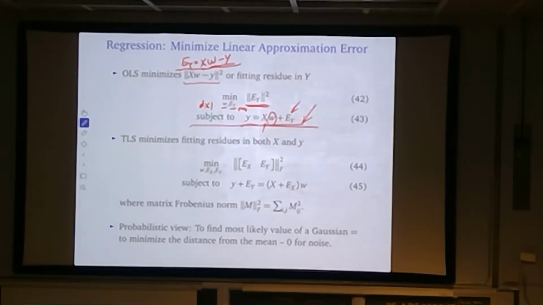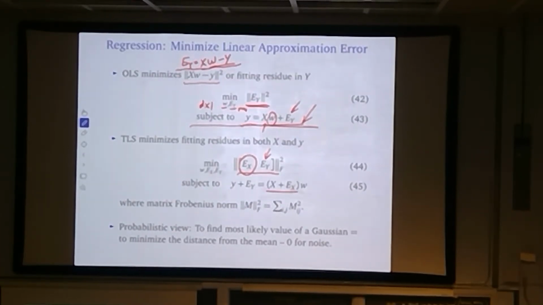Taken from this view, total least square essentially is we extend it to TLS. We try to minimize the residuals in both X and Y. So instead of just Y, initially for OLS, this whole thing is a big 0. But now it has something you can tweak, okay? I want to find some perturbations.